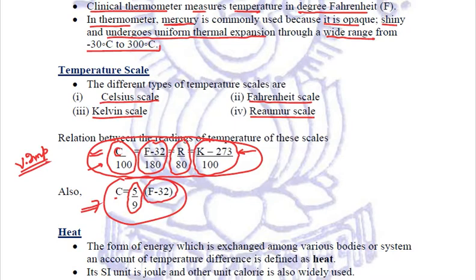And the temperature on Celsius scale is equal to the temperature on Kelvin scale minus 273. So these two relationships we need to remember. They will be asked in the examination.